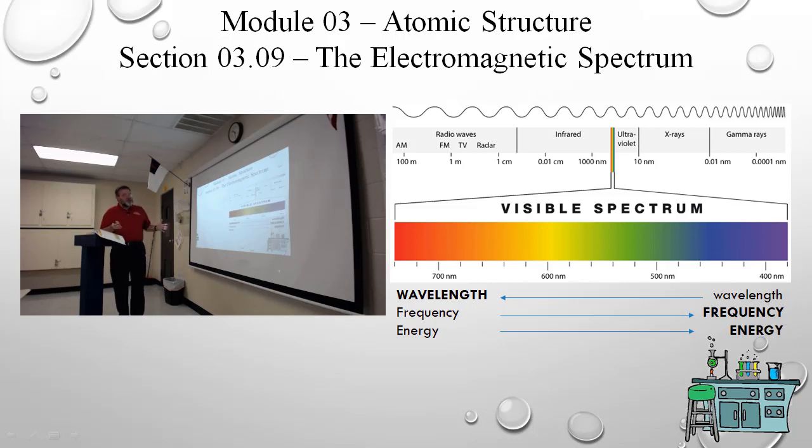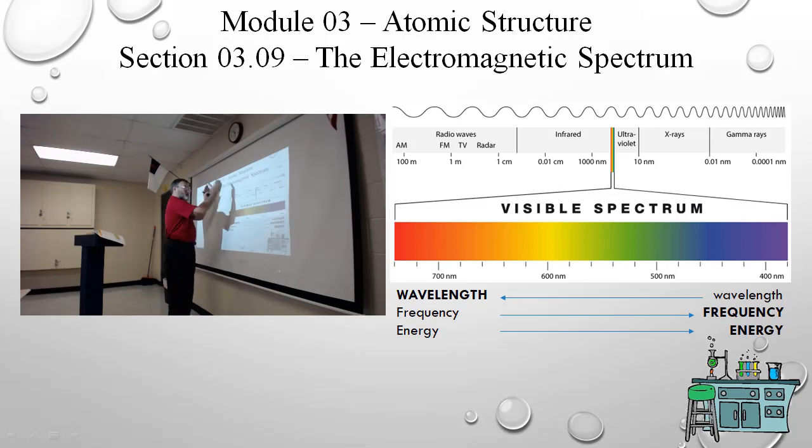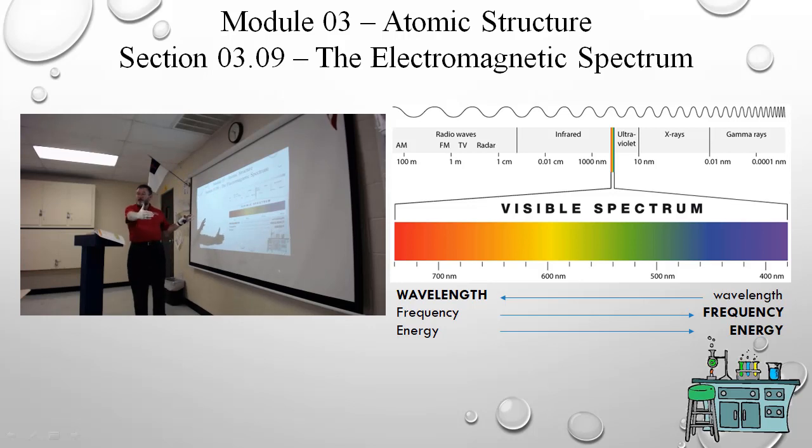So the visible spectrum, what we said is the light we see is a certain portion of the entire electromagnetic spectrum, and that this electromagnetic energy, as depicted here, goes from a longer wavelength. So larger wavelength has a correspondingly small frequency.